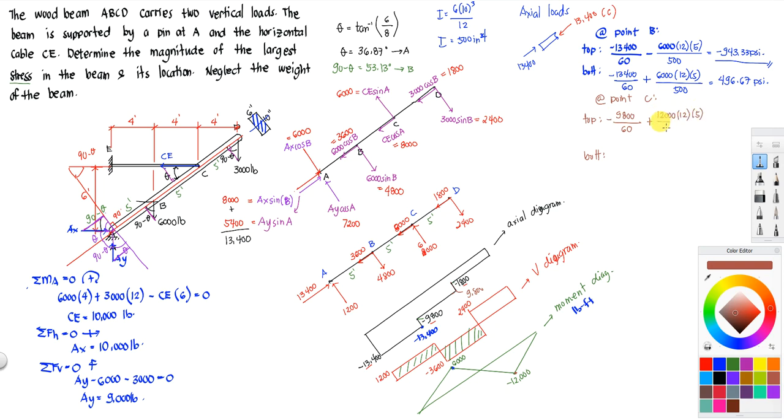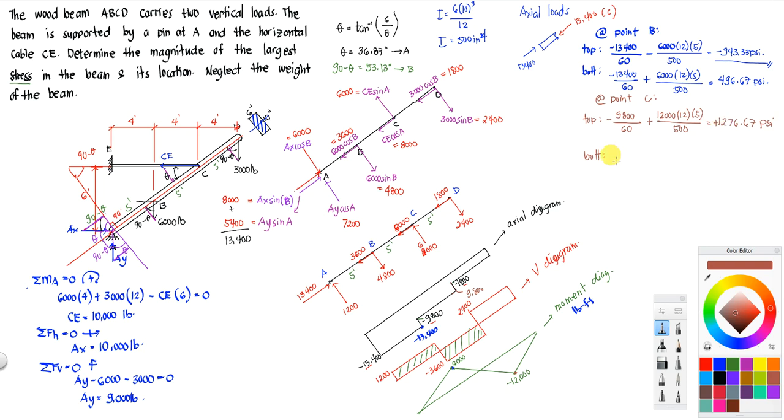C, all over the I. So now, this one would become negative 9,800 all over 60 plus 12,000 times 12 times 5 all over 500. So you can have it 1,276.67 psi. Again, positive, it means it is in tension.